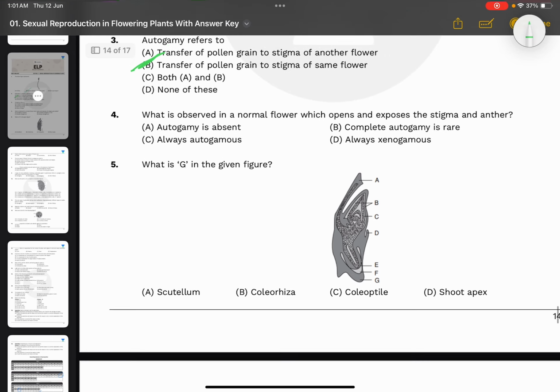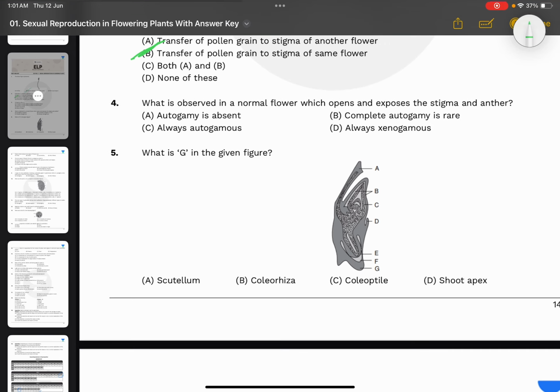What is observed in a normal flower which opens and exposes the stigma of an anther?